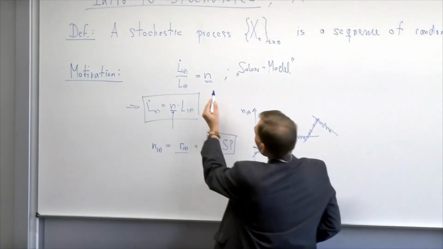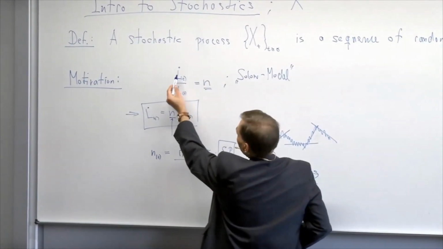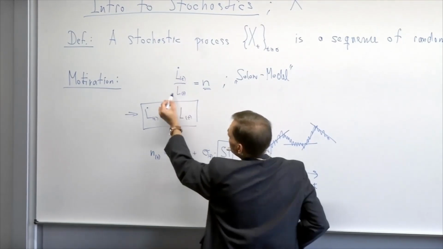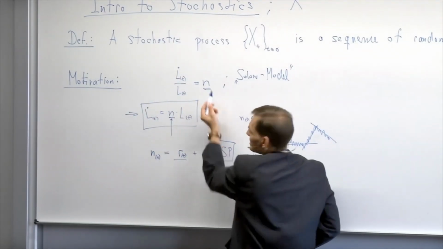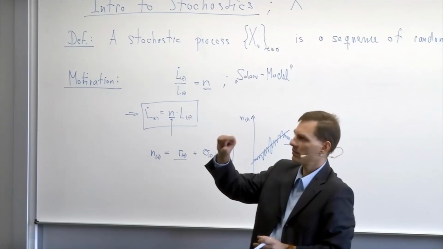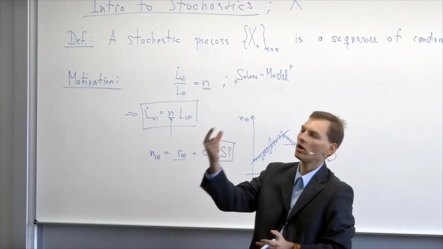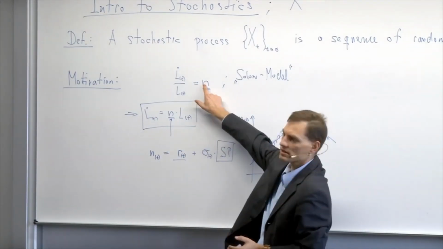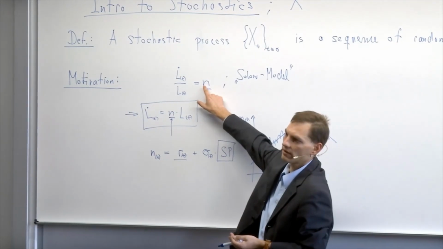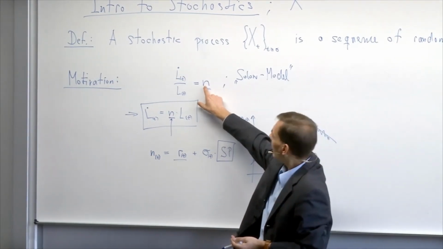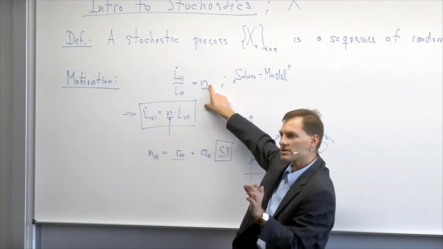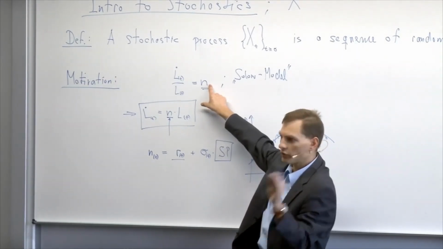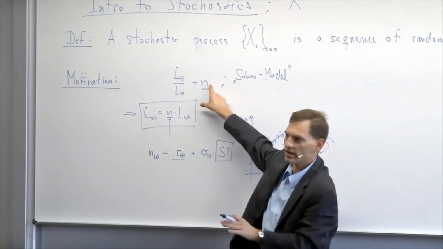Okay. Here in the Solow model, you can say this is a kind of growth rate, what is here on the left-hand side. And we say the growth rate is equal to a fixed number n. Maybe the population growth rate is always 3%. Then n is 0.03. Because I say here n is not changing. It's always 3% forever, from 2,000 years ago until today.